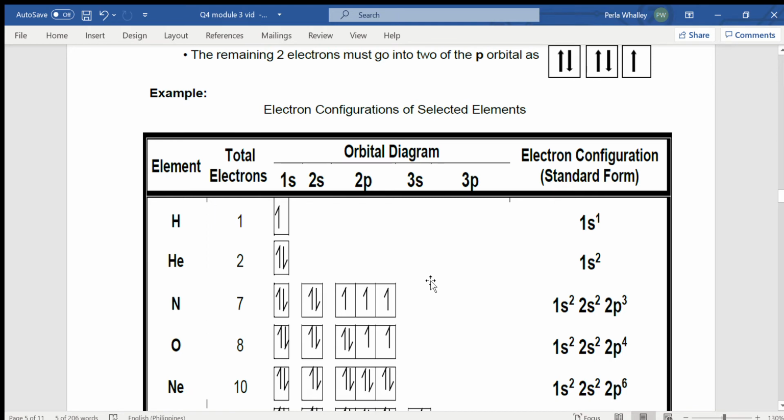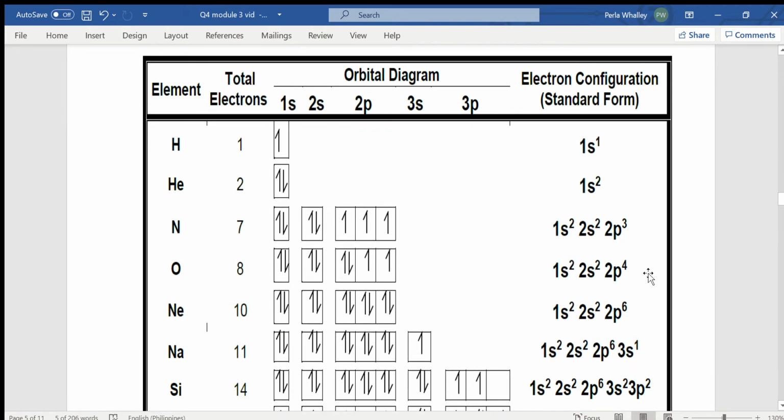So here we have some more examples. Electron configurations of selected elements. In this table we have a column for the element, the total electrons, which is also equal to the atomic number, the orbital diagram, where you have to identify the orbitals 1s, 2s, 2p, 3s, 3p, and then the electron configuration.